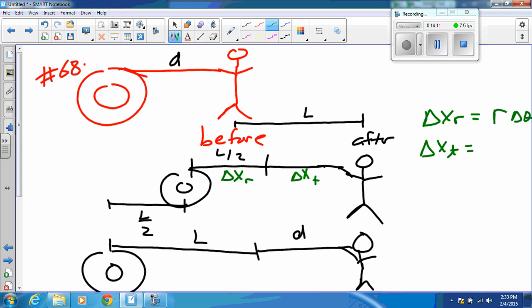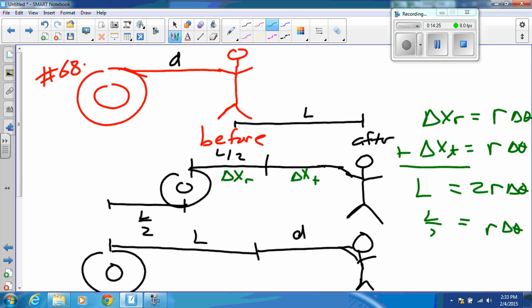And as we have already seen, that is equal to r times delta theta as well. So the total, which is L, is equal to 2r delta theta, and r delta theta is therefore L over 2. The spool moves by L over 2, and the rope increases in length by L over 2, and that is exactly correct.